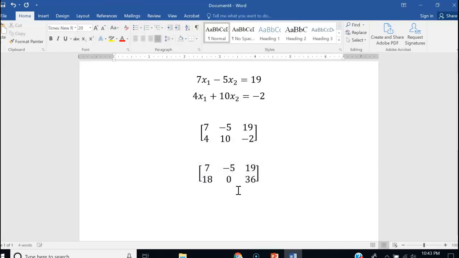So it's easier to deal with ones than dealing with 18s. So what I'm going to do is divide that second row by 18. What I like to do is just write 1 over 18. That doesn't look very good, but that's okay. Replace that second row. And 1 over 18 times 18 gives me 1. 36 times 1 over 18 gives me 2.